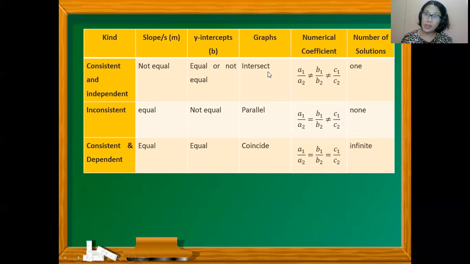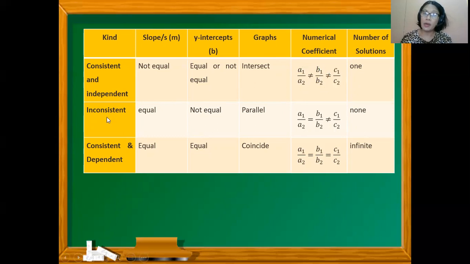Their graphs intersect. And then look at the ratio with respect to the numerical coefficients of x and y and the constant term. So the ratio between a sub 1 to a sub 2, b sub 1 to b sub 2, and c sub 1 to c sub 2 are not equal. And take note that a consistent and independent system has one solution which is the point of intersection of the two lines.